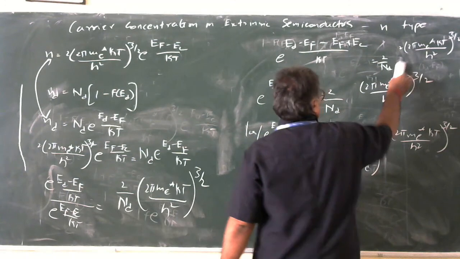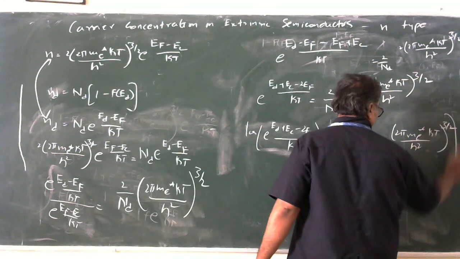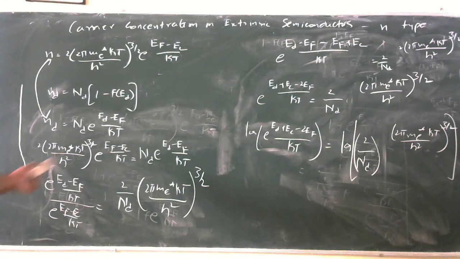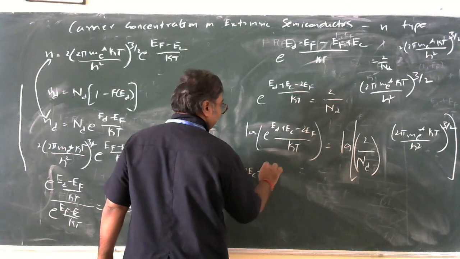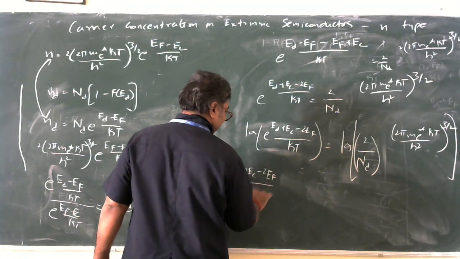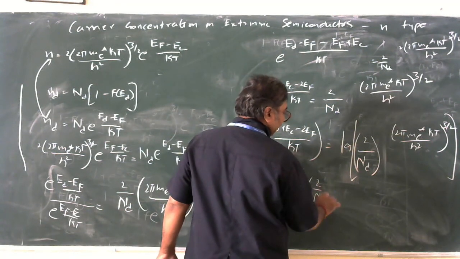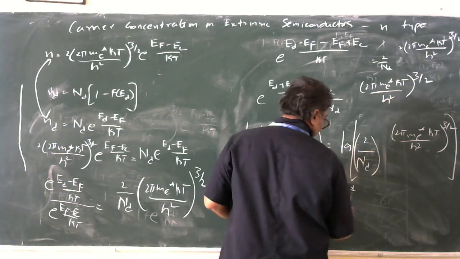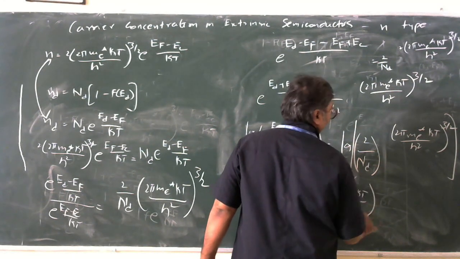So now what are we going to do? Because we are applying log on both sides, log and exponential get cancelled. We are left with (ED plus EC minus 2EF) by KT equals log of 2 by ND into (2 pi m e star KT by h square) whole power 3 by 2.